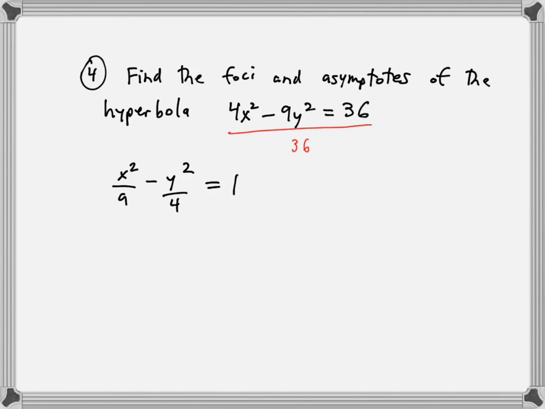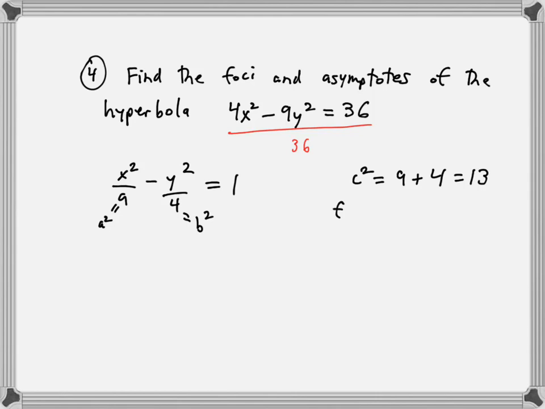And because the x is positive, we know that this is going to have the left branch and the right branch. So then this would be your a squared. This would be your b squared. And we know that c squared is a squared plus b squared. So that's 13.